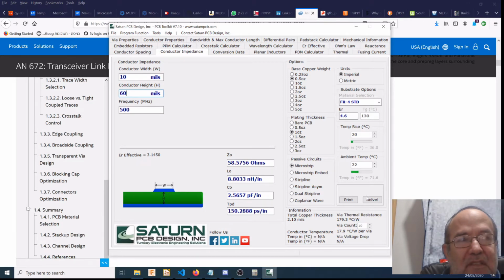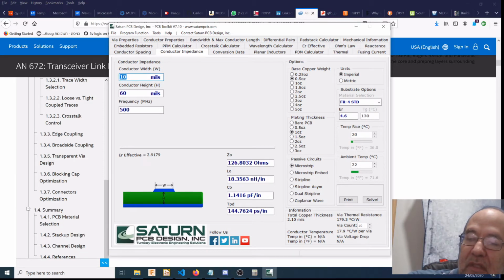Now remember, 90% of the time you are going to want 50 ohms. A 10 mil trace is 126 ohms.